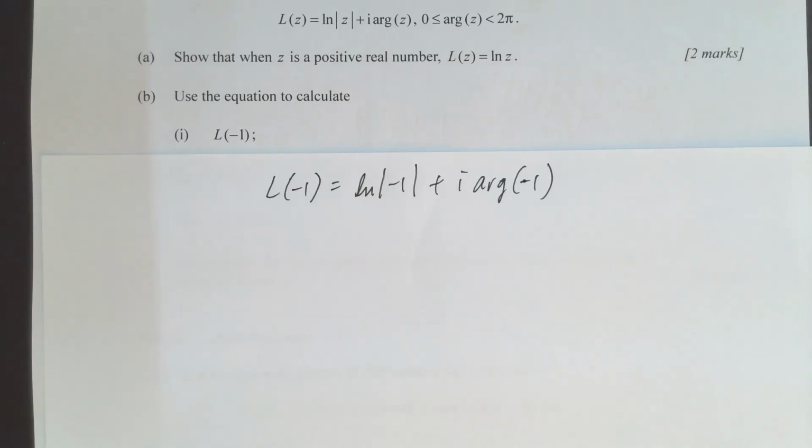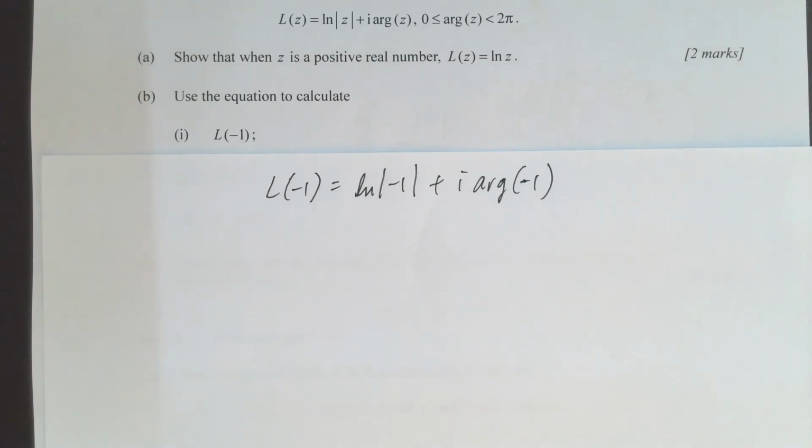Okay, so -1 means that it's a number with really just a real part and there's no imaginary part, right? So then what can we do?